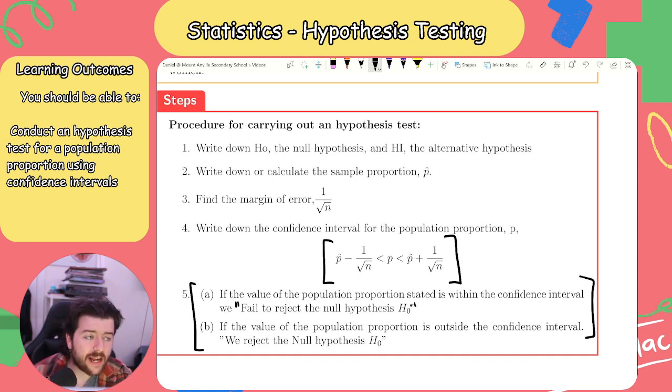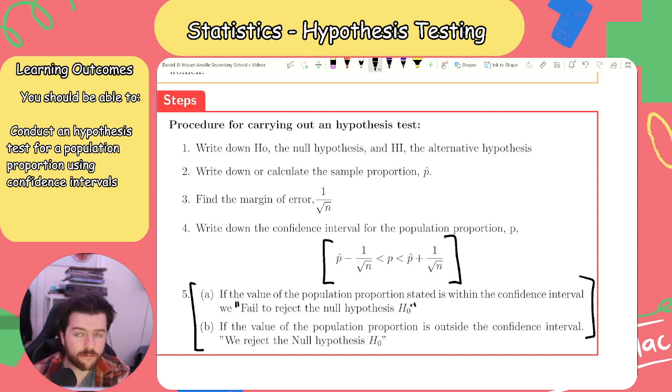If someone claims 50% of girls wore makeup this year, and I sampled some girls and made my confidence interval, and I found 50% lies within this interval, we can never say we accept a null hypothesis.